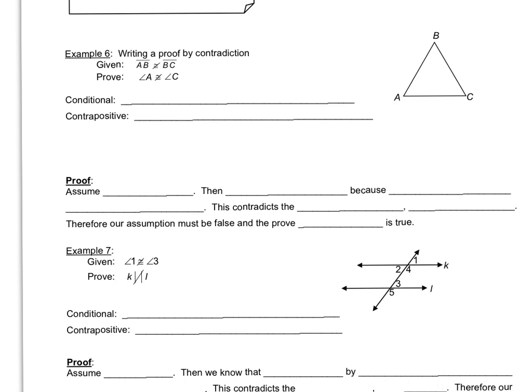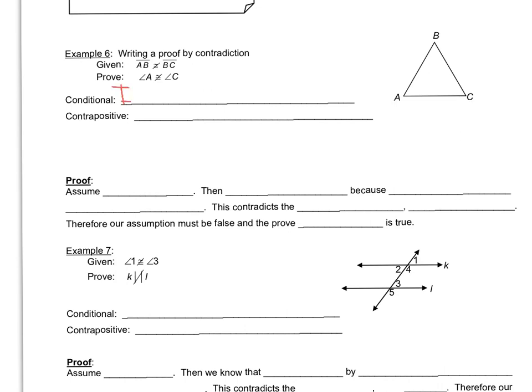So example 6, writing a proof by contradiction. You are given that segment AB is not congruent to segment BC. You have to prove that angle A is not congruent to angle C. So let's first identify the conditional, rewriting the statement using if and then.